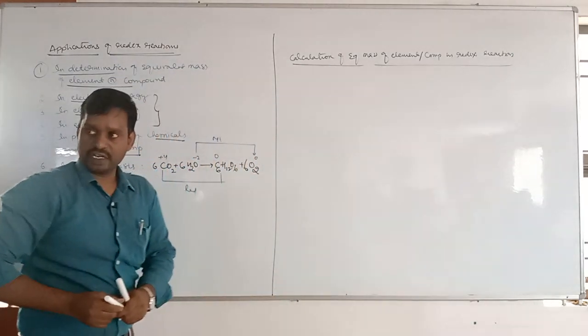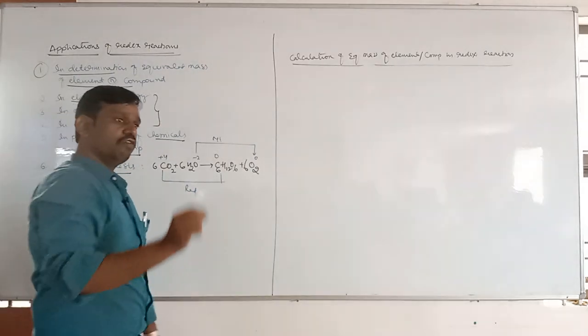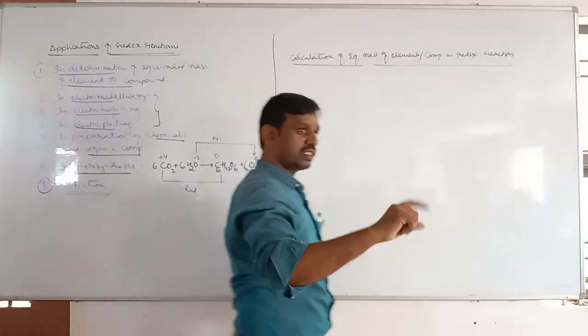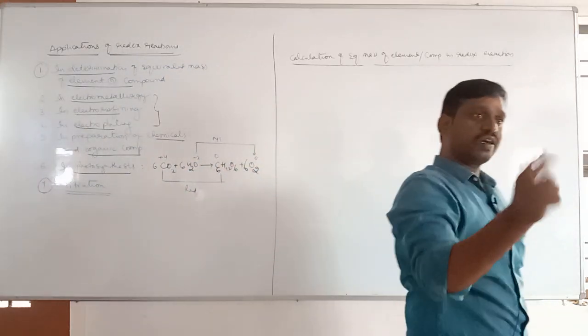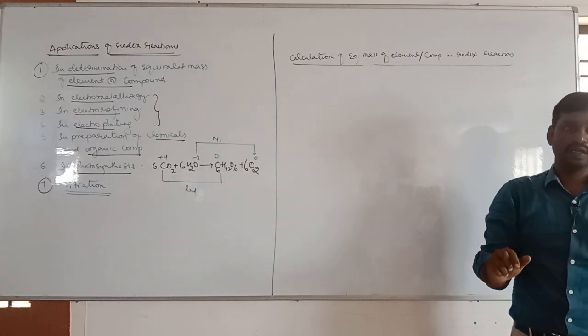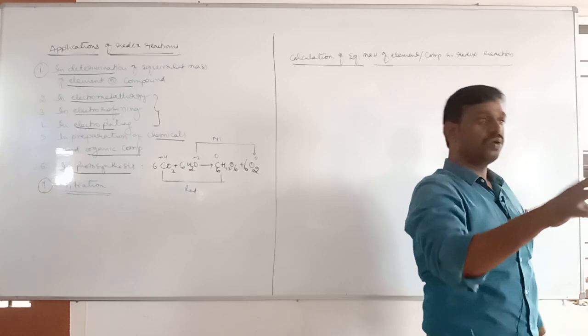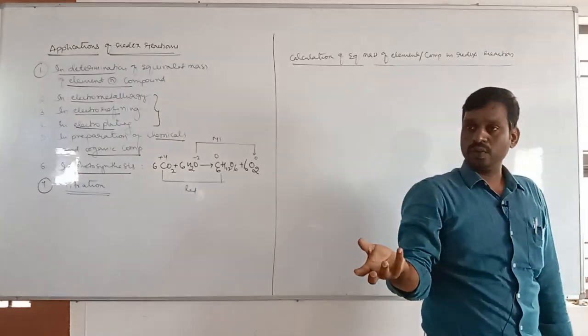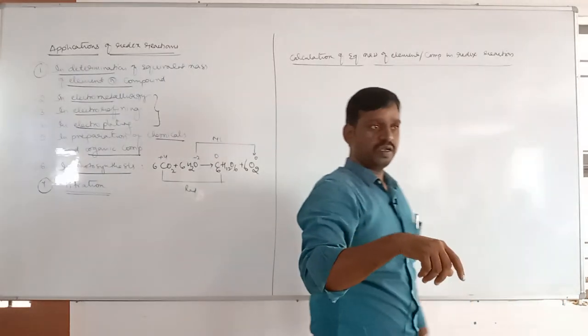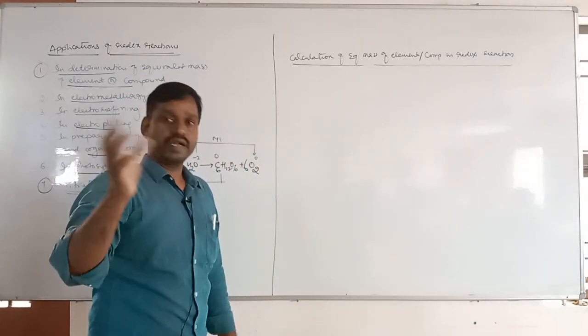In all redox reactions, oxidation and reduction take place simultaneously. So a redox reaction always has a reducing agent as well as an oxidizing agent. Have you seen any redox reaction having only an oxidizing agent? No. Only a reducing agent? No. So that is not possible.